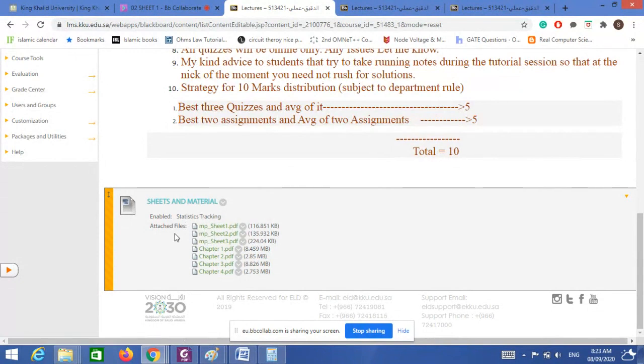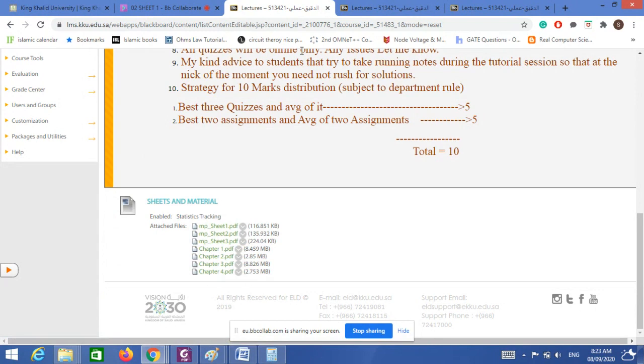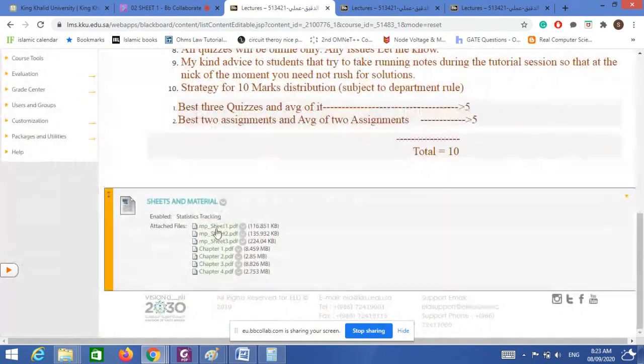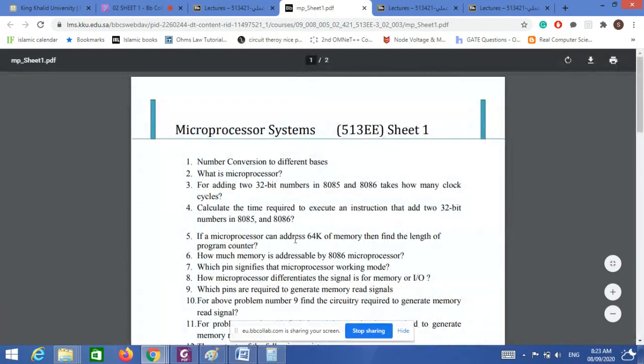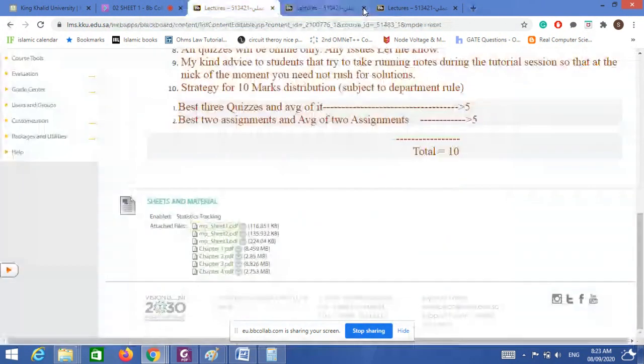Sheet 1 has been prepared using chapter 1, sheet 2 using chapter 2, and sheet 3 using chapter 3. Sheet 4 is due; we will prepare it shortly. Please click on this link, and it will open sheet 1.